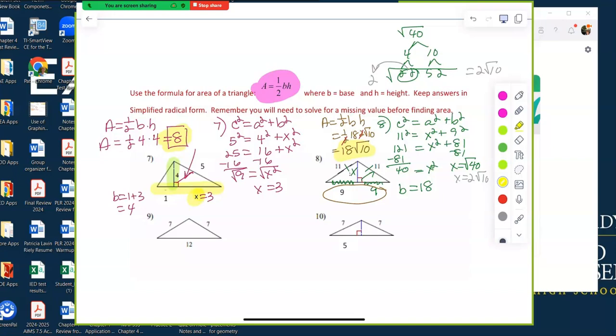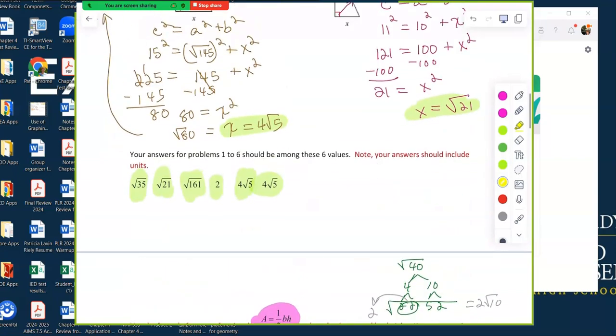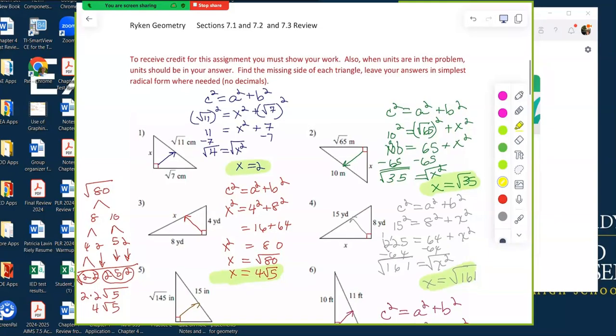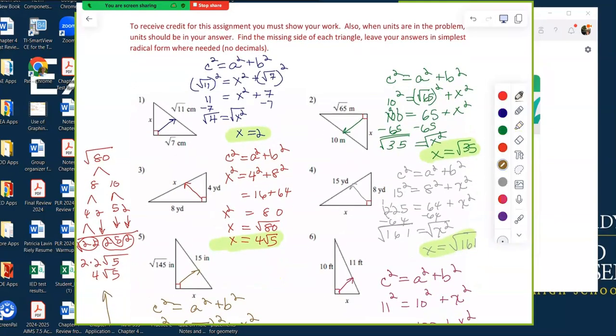Okay. Oh, and I should mention one thing. Back here, when I was doing these problems, I'm looking for a missing side. I really should have put the units. So problem 1 should have been centimeters. Problem 2 should have been meters. Problem 3 should be yards.